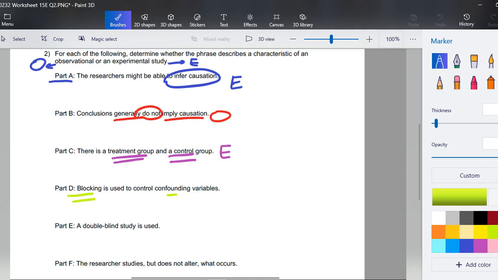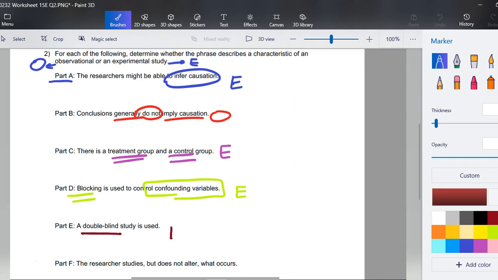Blocking is used to control for confounding variables, and that would be experimental. We're trying to make it as pure as possible so that we can label that the treatment is causing the response. Part E, a double-blind study.